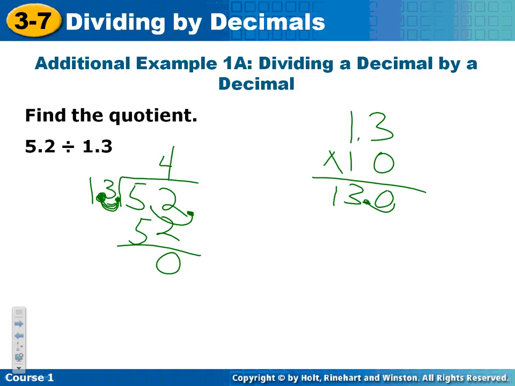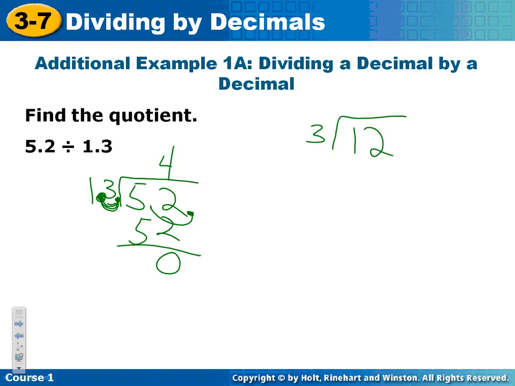So some of you might go, well, Mr. Reichman, you changed the problem. I did, but I didn't. What is 12 divided by 3? 4, way to go.